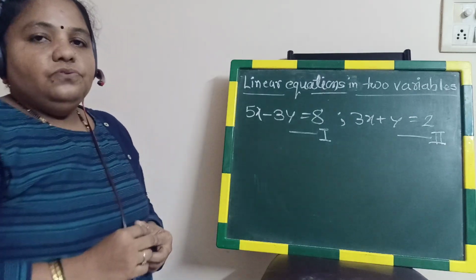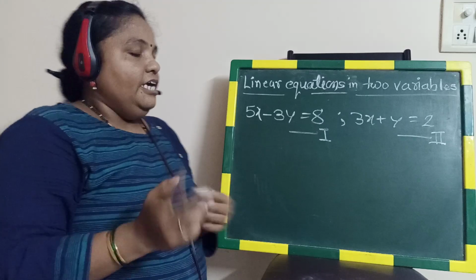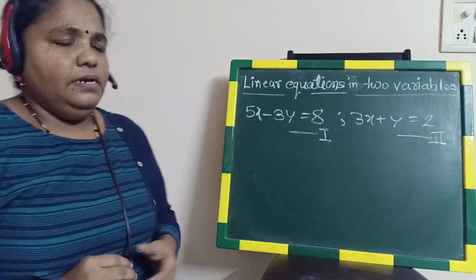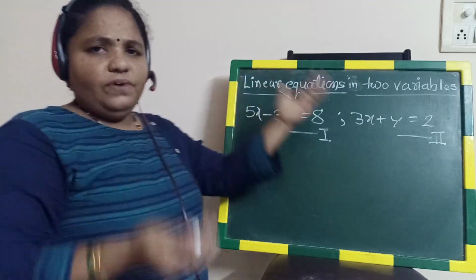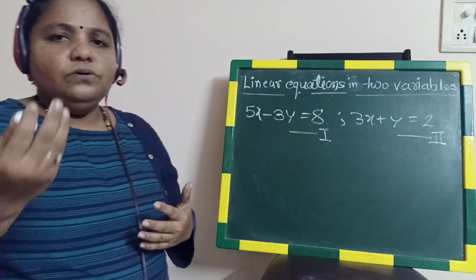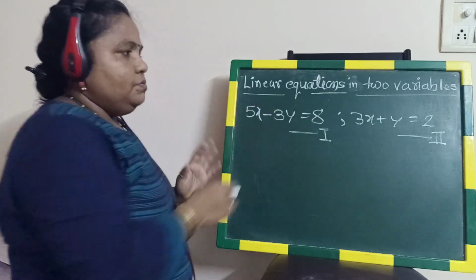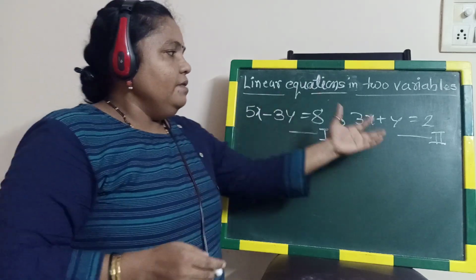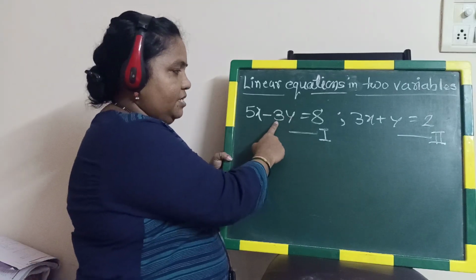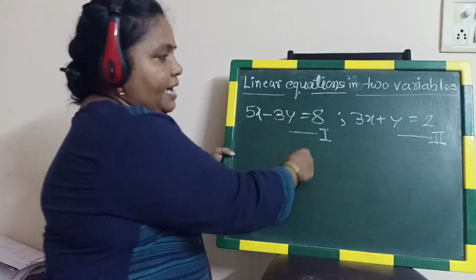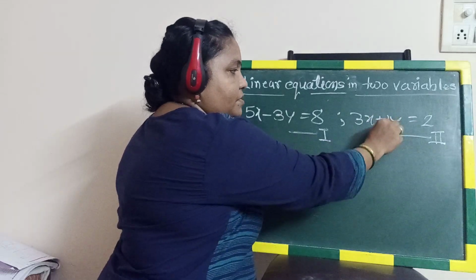Here we are going to use the elimination method after equating the coefficients of a variable. You can equate the coefficients of variable x or y, whichever, depending upon our convenience. So here we are just going to concentrate on our variable y only. Here the coefficient of the variable y is 3, and in the second equation variable y has the coefficient 1.